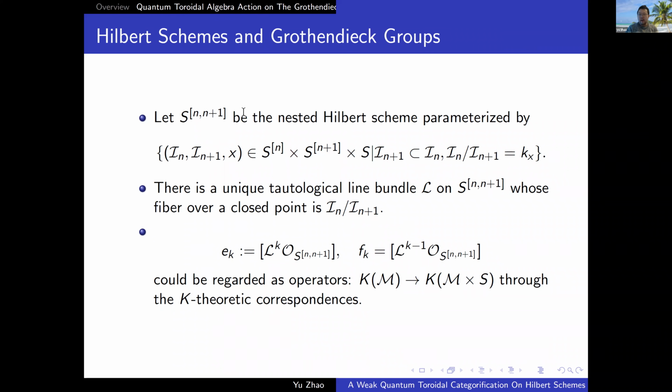Here, we already defined the Hilbert scheme, and we now need to define one concept, the nested Hilbert scheme, which parameterizes two ideals such that their difference is only 1 point.